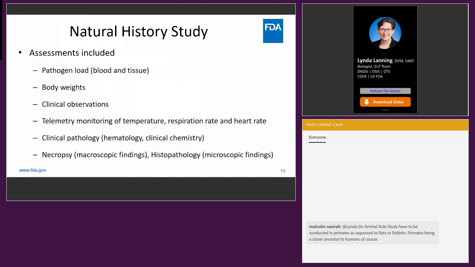Assessments included pathogen load in both blood and tissue, body weights, clinical observations, telemetry monitoring of temperature, respiration rate, and heart rate, clinical pathology assessments, necropsy, and histopathology.